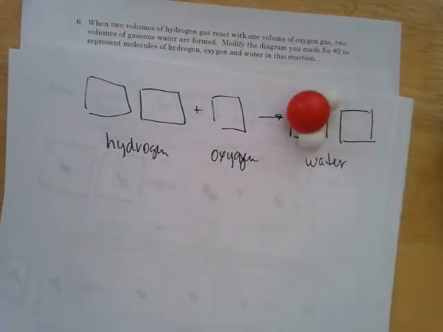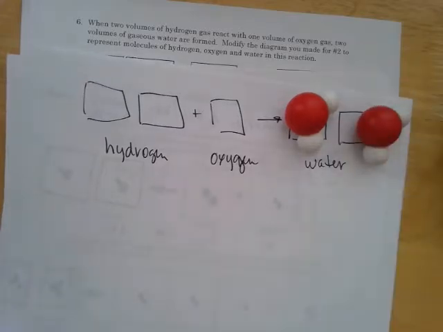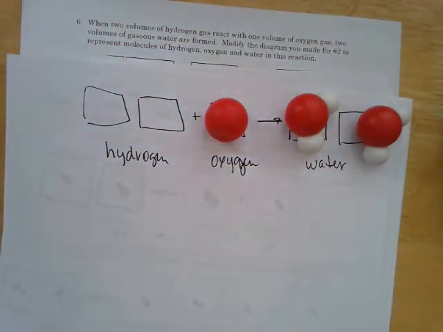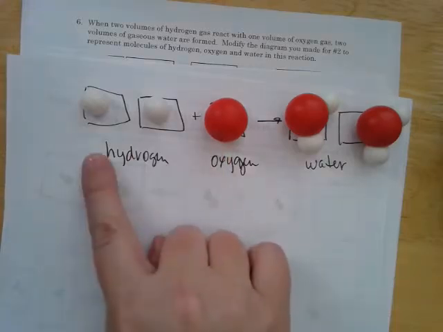The waters tend to behave themselves. So I've got 2 volumes of water over here. I can't have just 1 oxygen and just 1 of 2 hydrogens, right? That doesn't work. The math doesn't add up because I need to double my particles on this side.